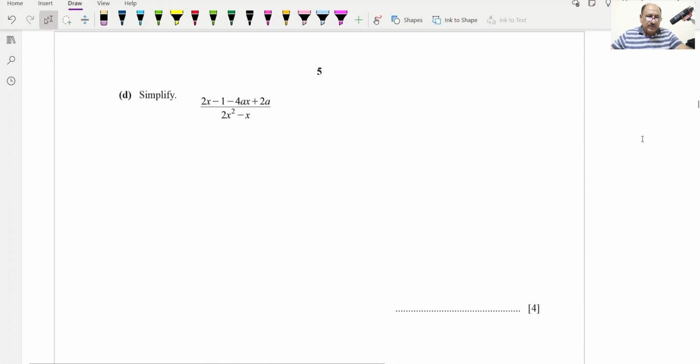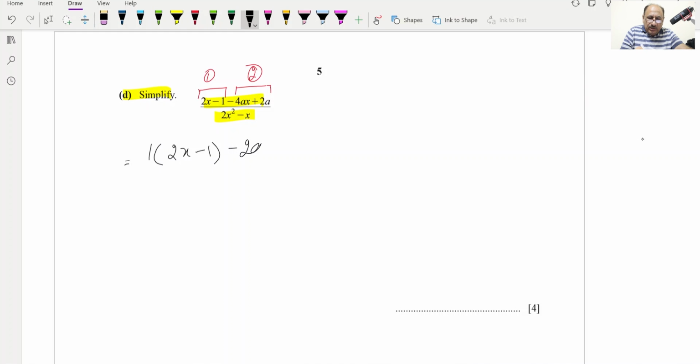Now part D, this is saying simplify. We have to simplify this algebraic fraction, and to simplify it we can make basically two pairs. One is this one and second is this one. So from the first pair we can take 1 common and inside will be 2x minus 1, and from the second pair we can take minus 2a common and inside will be 2x minus 1, and in the denominator we can take x common and inside will be 2x minus 1.